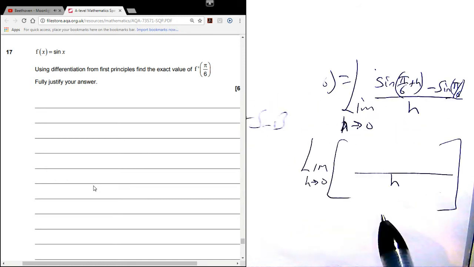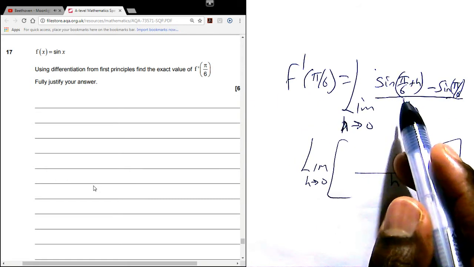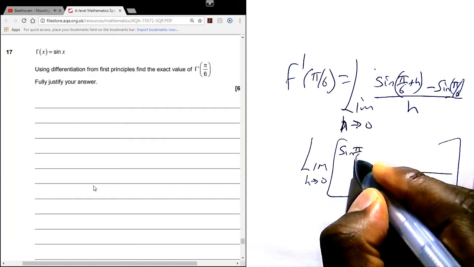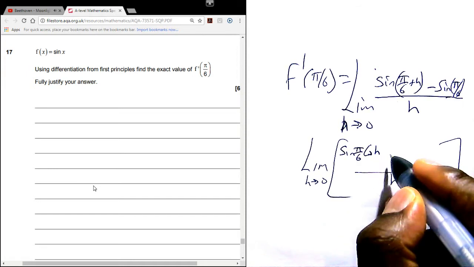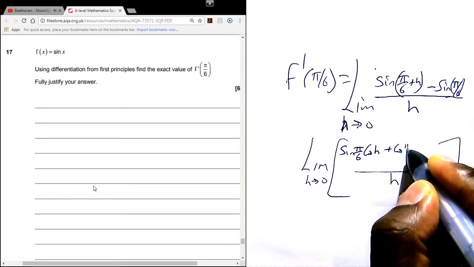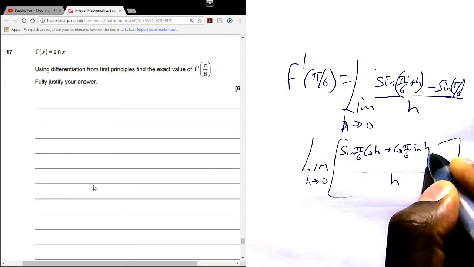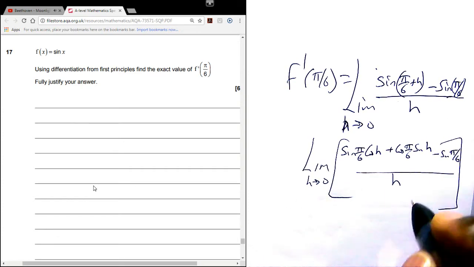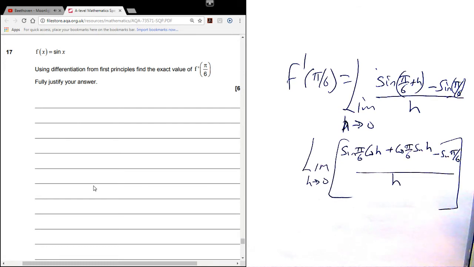So in other words, we can do the same for sine pi over 6 plus h, and that's going to be sine pi over 6 cos h plus cos pi over 6 sine h, and then you have the minus sine pi over 6 over h.